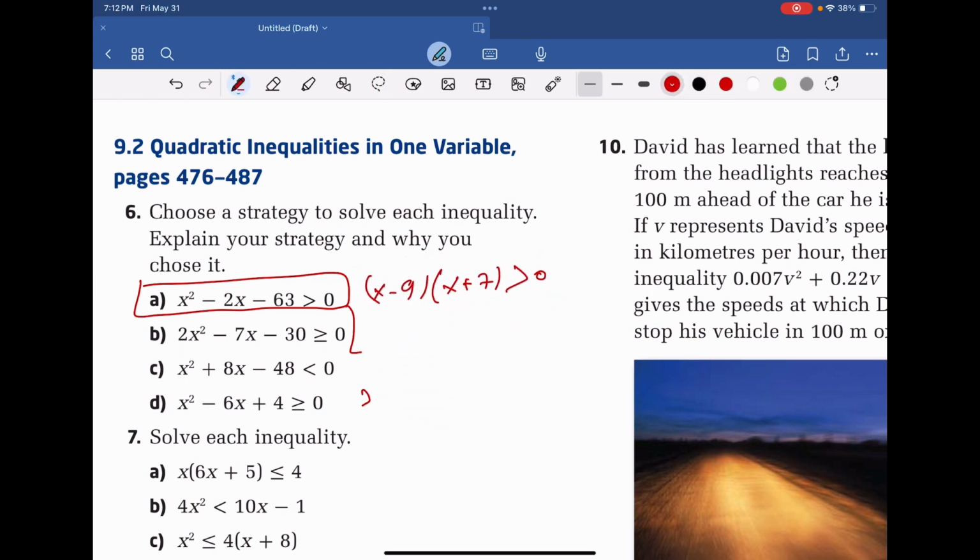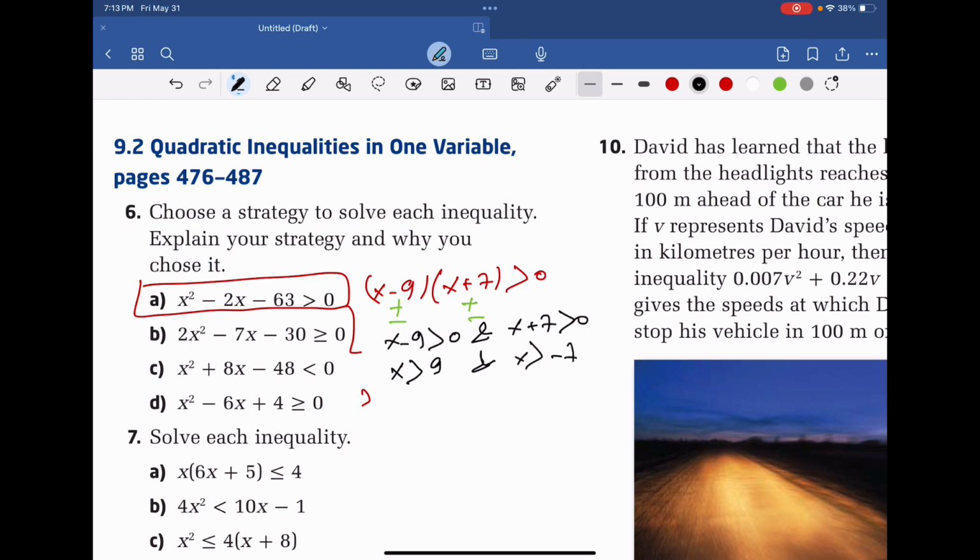Now for this product to be greater than 0, both factors should be positive, or both of them should be negative. The first case, both of them are positive, that means x minus 9 is positive and x plus 7 is positive. This means x is greater than 9 and x is greater than minus 7.